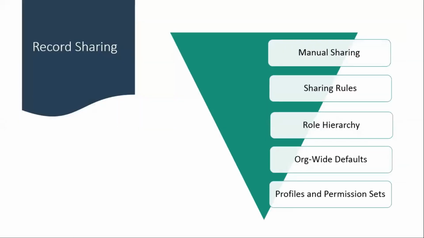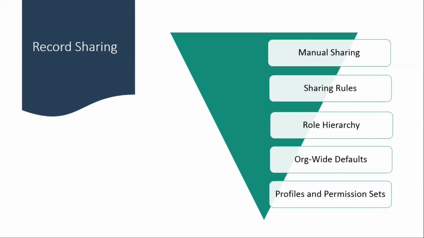So if you see this triangle, this is how record sharing basically works, right? If you go from bottom to top, profile and permission sets have more precision over the org-wide defaults. As you go upward, the access gets wider. So profile and permission sets have the most precision, then comes the org default, which we recently saw.